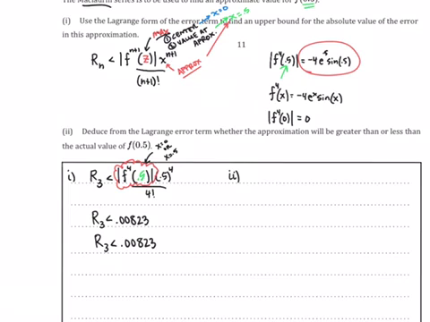Part 2 asks, deduce from the Lagrange error whether the approximation will be greater or less than the actual. Okay, so based on the error, if your n plus 1th derivative maximized, whatever z value you use, before the absolute value is less than 0, then the approximated value will be less than the actual.